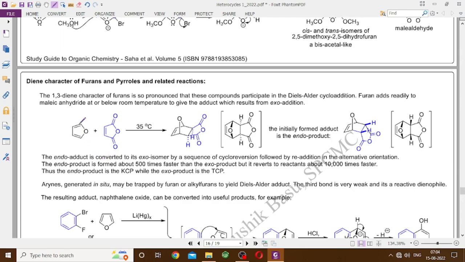In the Diels-Alder cycloaddition reaction, you have a diene and you also have a dienophile. Usually the diene is an electron-rich species, whereas the dienophile is an electron-deficient species. So now you are combining furan with maleic anhydride. Maleic anhydride, because of the presence of these carbonyl groups, is an electron-deficient dienophile, and furan, being the pi-excessive heterocycle, is a perfect candidate for the electron-rich diene component.